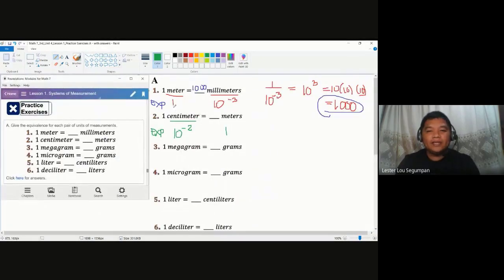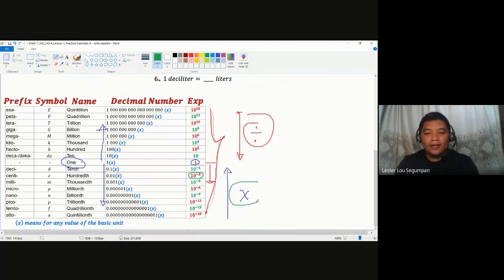Earlier, from meter to millimeters, from a bigger unit to a smaller unit, we divided the two exponentiations. Here, from centimeter, which is the lower unit of measure for length, going to meters, which is a higher one, we are going to multiply.